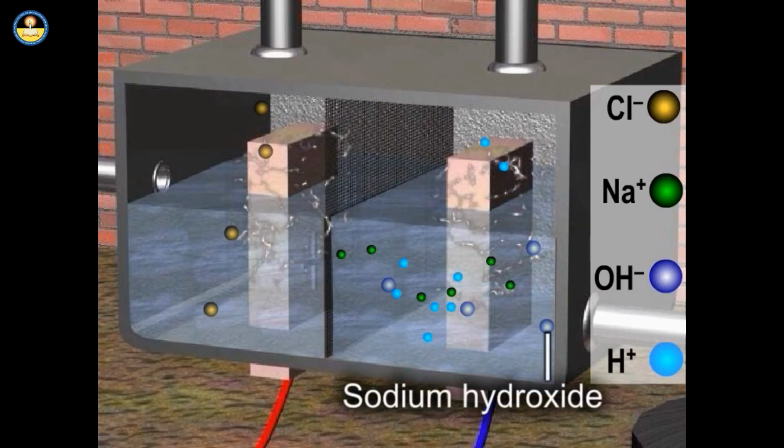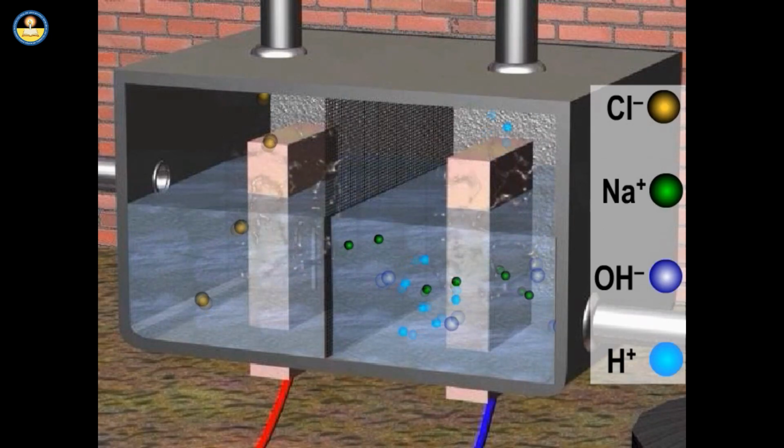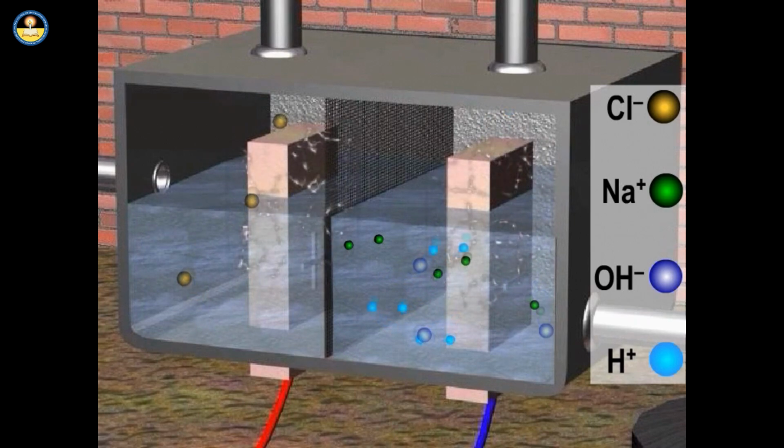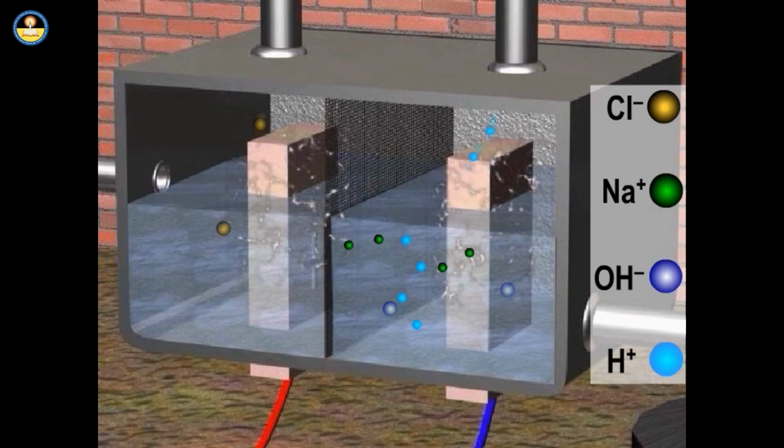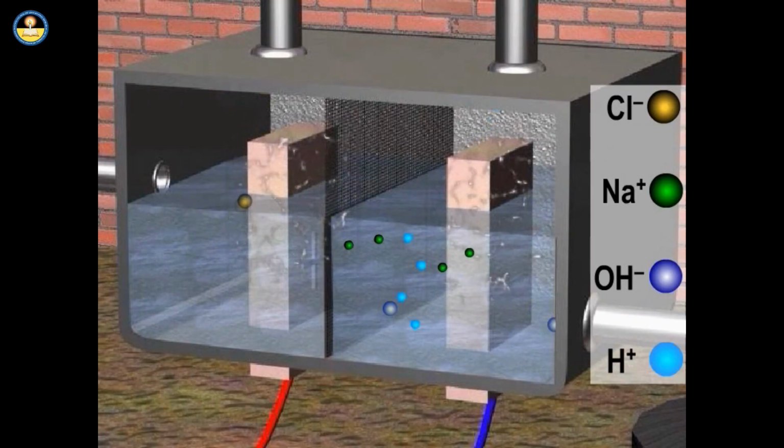The solution which is formed is sodium hydroxide. All the three products obtained from the process of electrolysis are useful both in industry and in the laboratories.